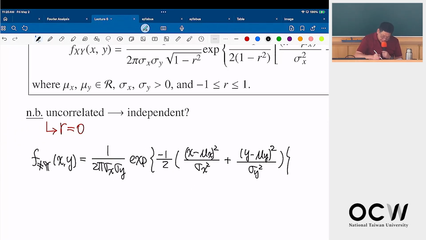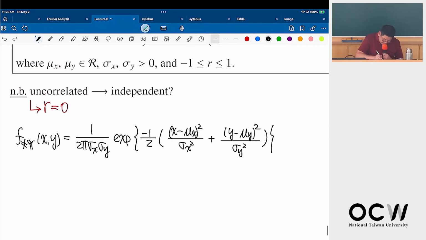Then actually we can separate these two as 1 over square root of 2 pi times sigma x, exponential minus (x minus the mean) squared divided by 2 sigma squared.